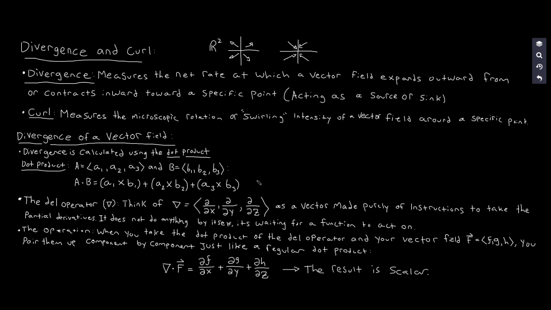This is in R3, but essentially, if you have two vectors and you want to dot them together, you take a sub 1 and b sub 1 and multiply them together. You take a sub 2, b sub 2, multiply them together, and then you take a sub 3 and b sub 3 and multiply them together, and then you add all of those results together.